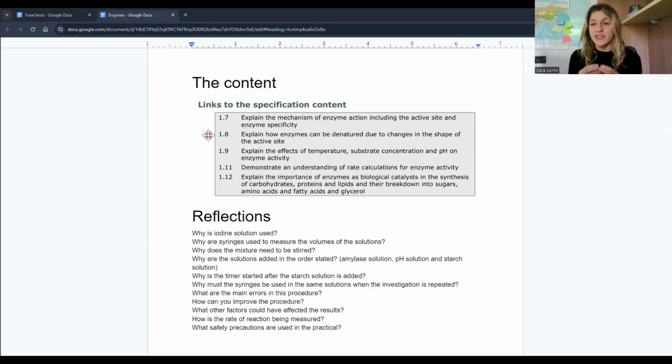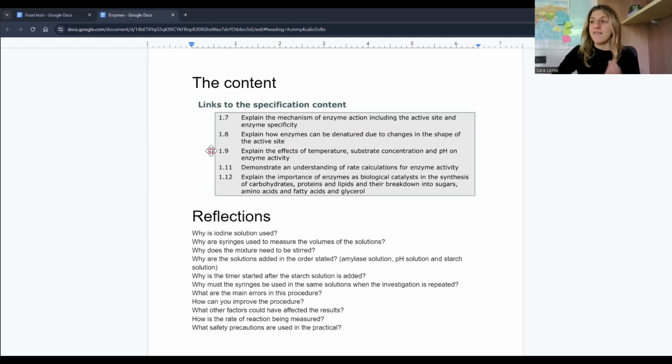What it means is they change shape. That's the link that you have to make sure you mention in an exam question. Denature, change shape. If the active site changes shape, the substrate is not complementary anymore. Remember, it's always a consequential thing in biology. So this is the second important point.